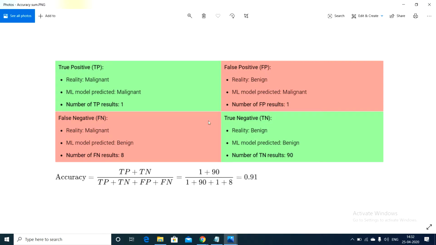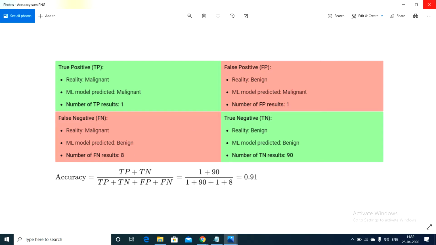For false negative it is the reverse scenario: reality is class 4 and it is predicted as class 2. Here the number of false negatives is 8.